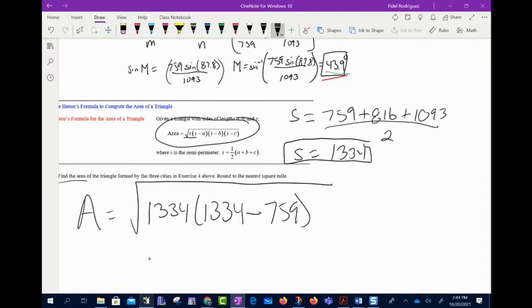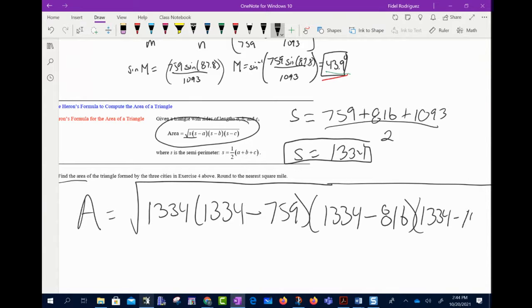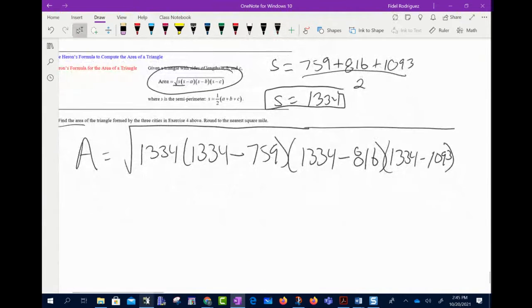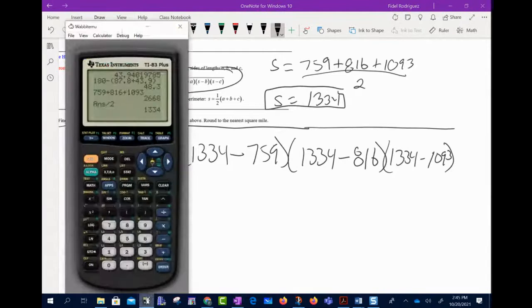So the first time I'm going to go 1334 minus 759, 1334 minus 816, and 1334 minus 1093. Okay. And this right here, y'all, is going to be strictly a calculator problem. You can enter this in exactly in the calculator as we see it, right?